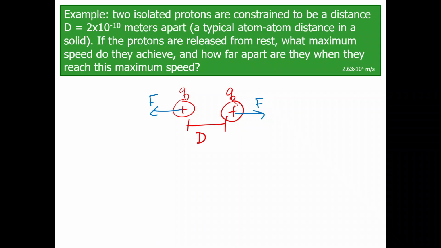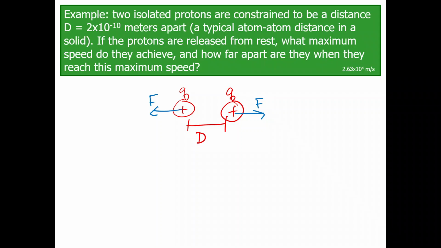So I don't actually care what those distances are. I could figure this out, but it would be difficult. The problem is that electric force is dependent on distance. So the further apart they are, the smaller the force, which means the acceleration is non-constant. So if I did want to solve this with kinematics, I couldn't use kinematic equations because my acceleration would be non-constant.